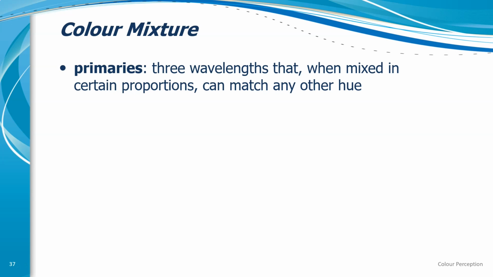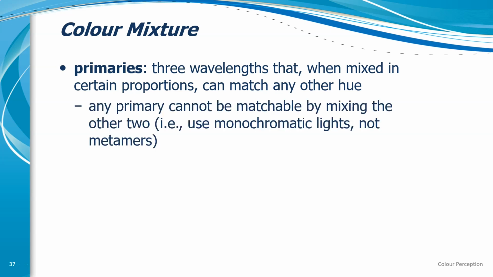There are 3 specific wavelengths that, when we mix them together in the right proportions, can match any other hue. Now, there's only one catch, one limitation, and that is you can pick any 2 colors you want for the first 2 primaries, but the third one cannot be a mixture of the other 2.